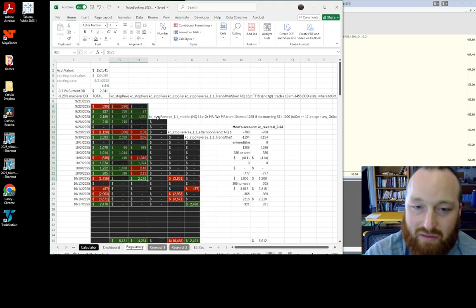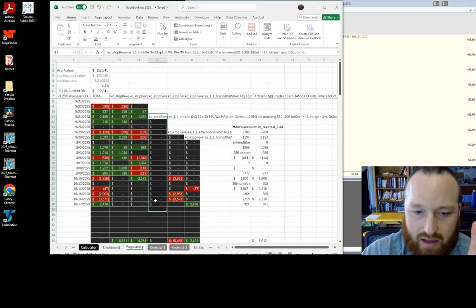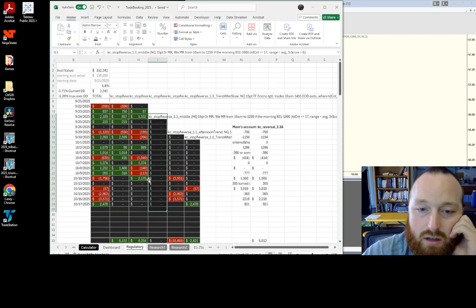I've got to blow the dust off this and open it up and see what the hell it's doing. I want my trading systems a little bit more frequent than that, but whatever. Look, it hasn't placed a trade. I'm not going to kick it out. So stop and reverse 1.1 middle is going to stay in here, even though it has done absolutely nothing, literally nothing. So whatever.